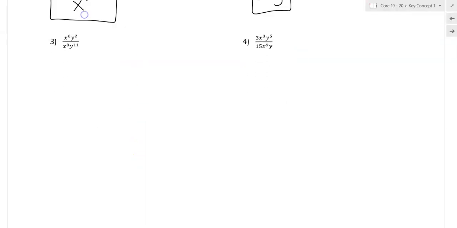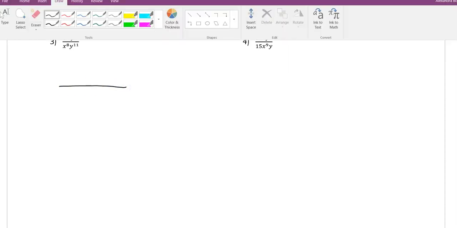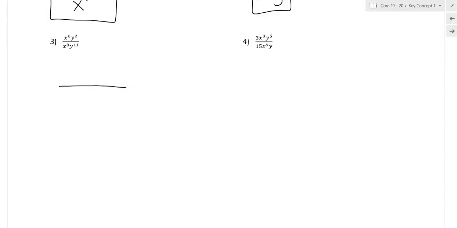Number 3, I have multiple bases here. So we have our x's. That's our bigger one. So we do 8 minus 6. Then we have our y's.